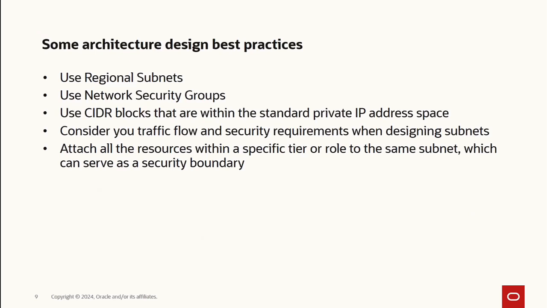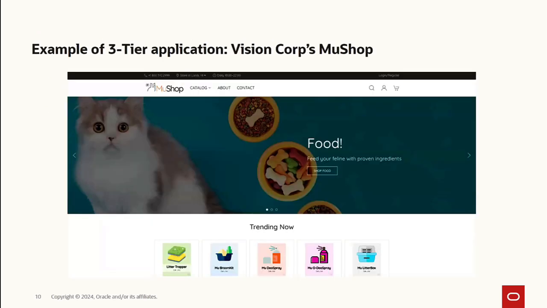And you attach all the services of a specific tier or role to the same subnet, which can serve as a security boundary at each level. So as you notice, when we were looking at the first multi-tier example, we talked about changing up the subnet depending upon that tier.